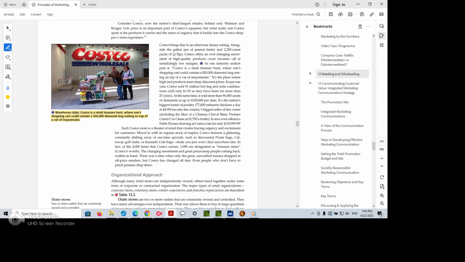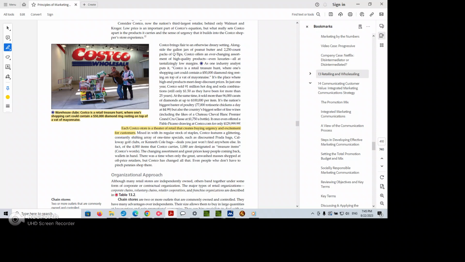It's a greater variety of things. But when you buy in bulk, you always get a better deal. Each Costco store is a theater of retail that creates buying urgency and excitement for customers. So that's one valuable thing for a customer in terms of the experience.